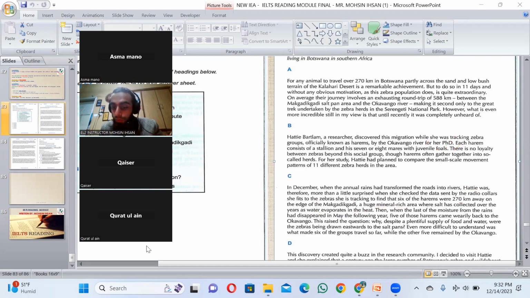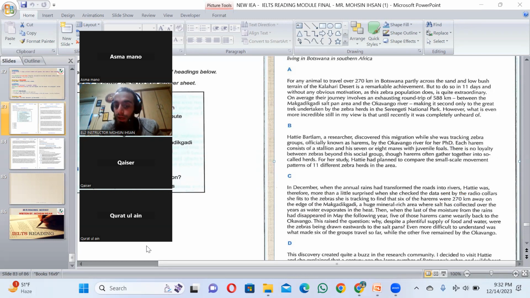And now further, this place where the zebras are crossing is a mineral-rich area, and some salt has collected over the years as water evaporates in the heat, right?